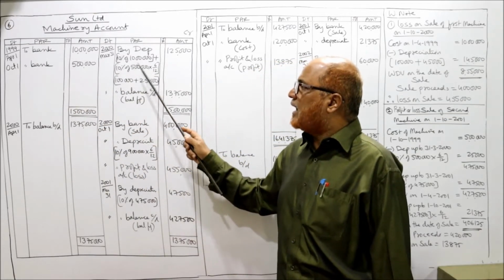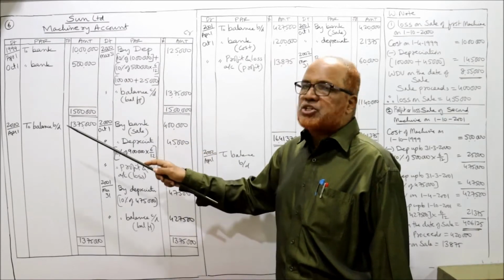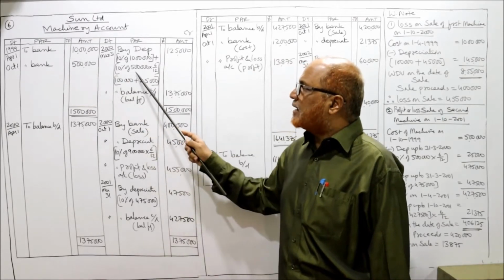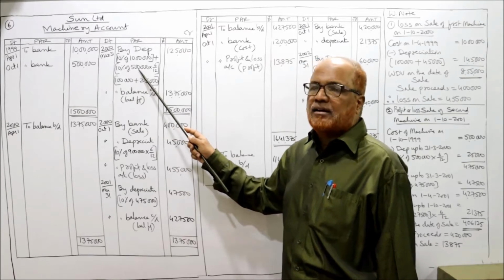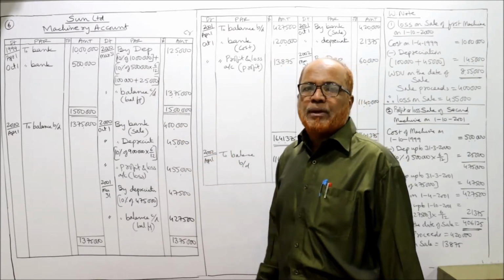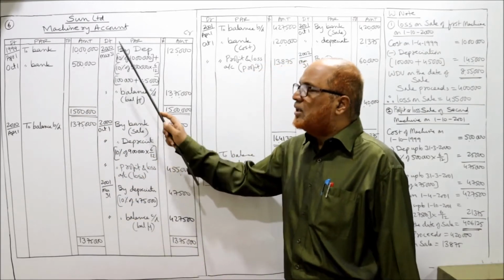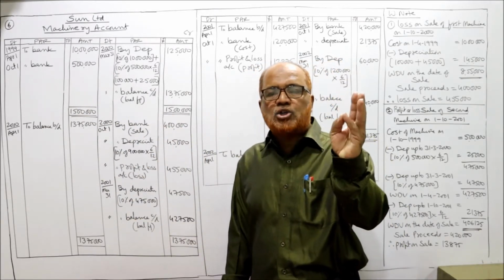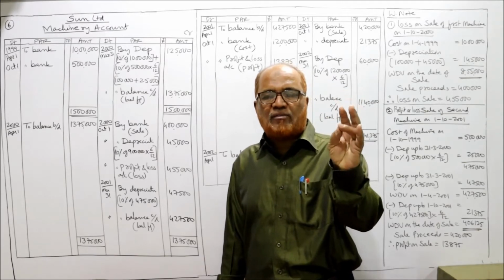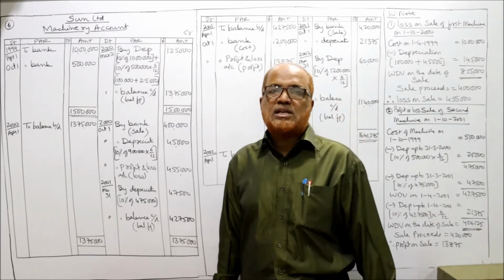So 10% of 10 lakh you will get 1 lakh. Second machine, 10% of 5 lakh into 6 by 12, because the machine was purchased on October 1st and we are closing the accounts on 31st March. Calculate October, November, December, January, February, March, 6 months.